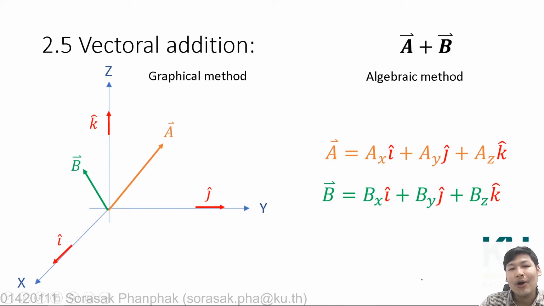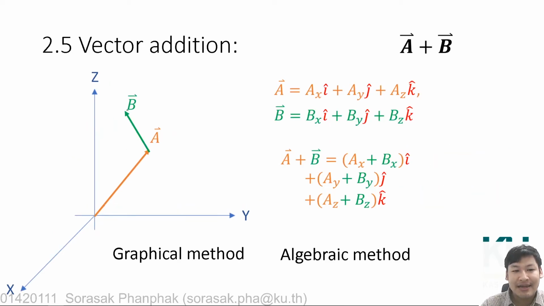And this is how you add them up. If you can break the components out of the vector, it's quite easy to add, multiply, or subtract. For example, if you have this graphical display of vectors B and A, and you would like to find A plus B, you have to translate B to this position, head to tail.